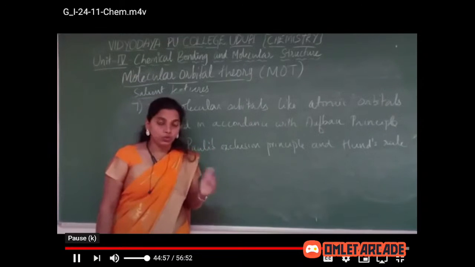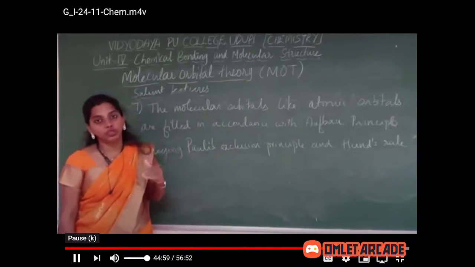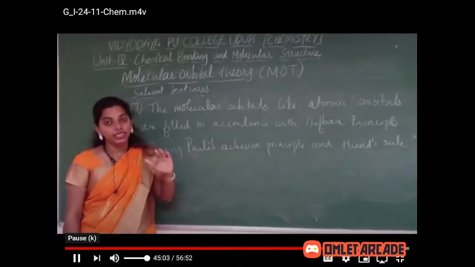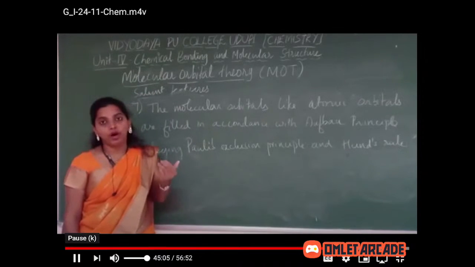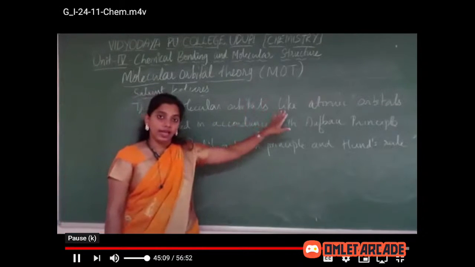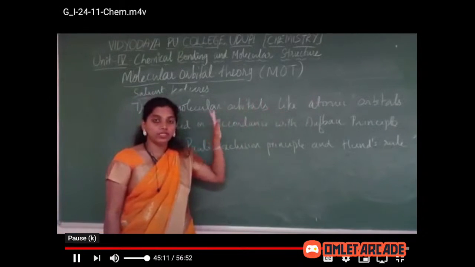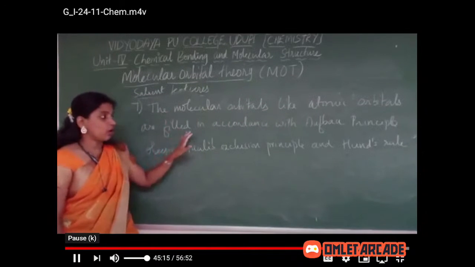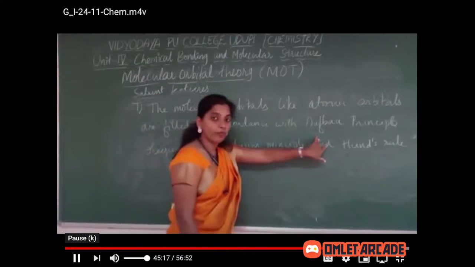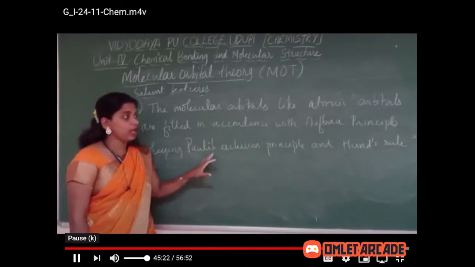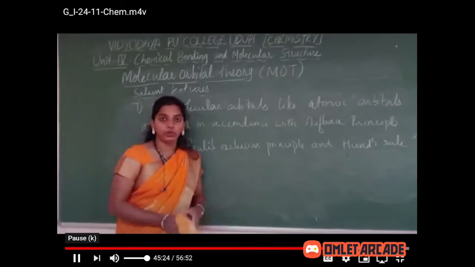Similarly, in the molecule, the electron distribution around the group of nuclei is given by the molecular orbital. Next is filling. Like in atomic orbitals, molecular orbitals are filled in accordance with the Aufbau principle, obeying Pauli's exclusion principle and Hund's rule.